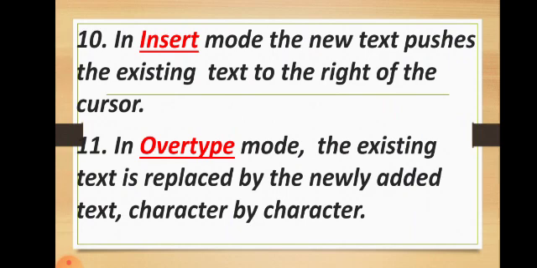You will select the word or the sentence and then start typing. What happens is the existing text, whatever you have written, will be replaced and the new text that you have started typing will be visible there. That is, the existing text is replaced by the newly added text, character by character, whatever you have typed.